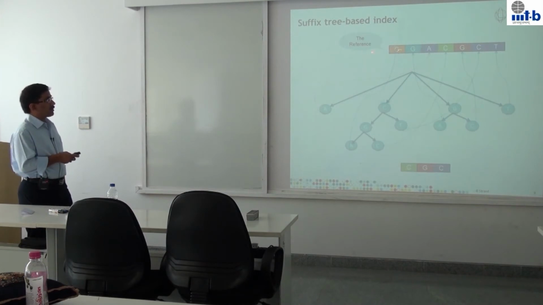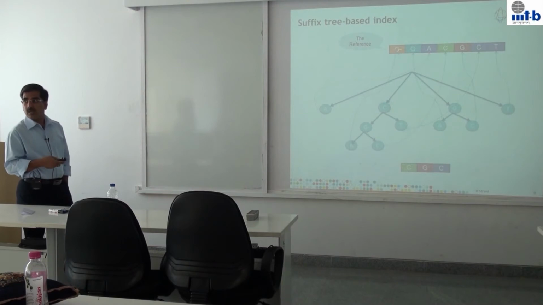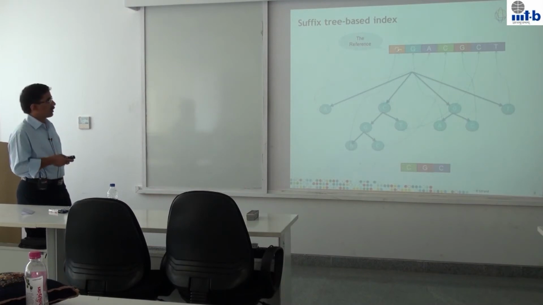This is the reference sequence in our case, which is the base sequence, and we have a read sequence which we are trying to find out where it came from in the reference. As you see here, the first level of nodes in the suffix tree are all the characters: A, G, A, C, G, T, and they point to locations.